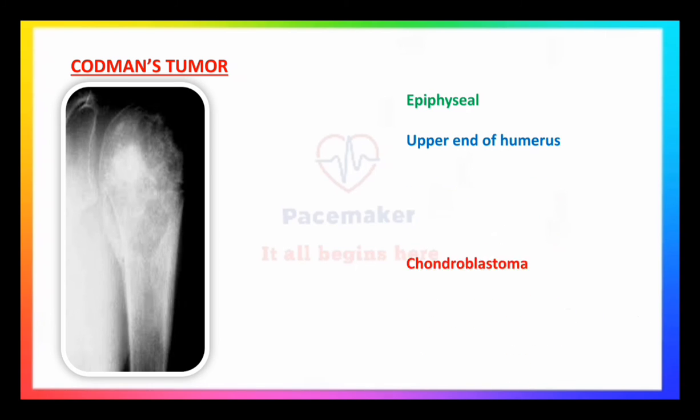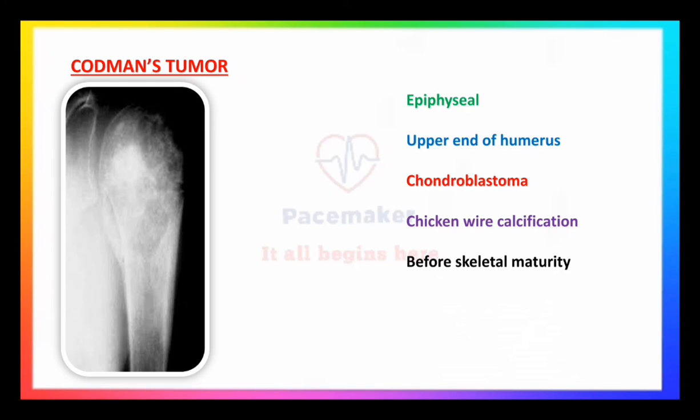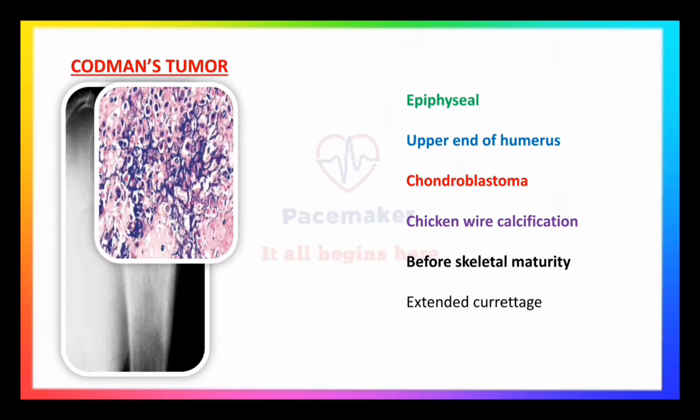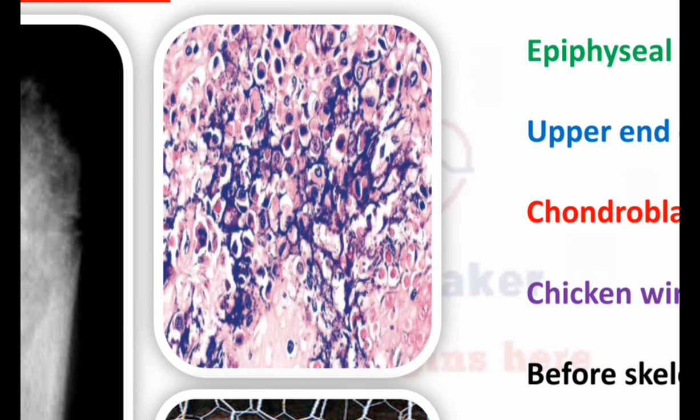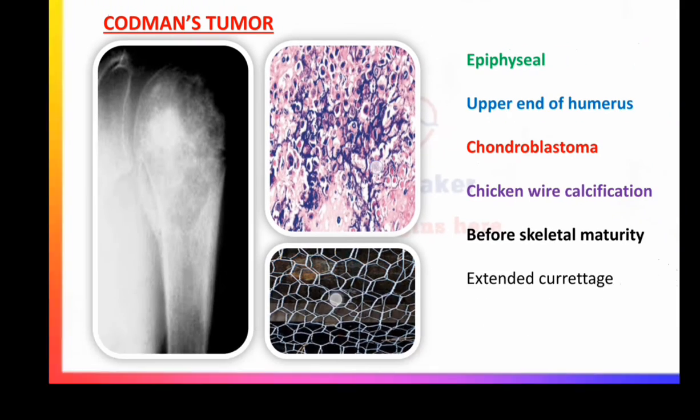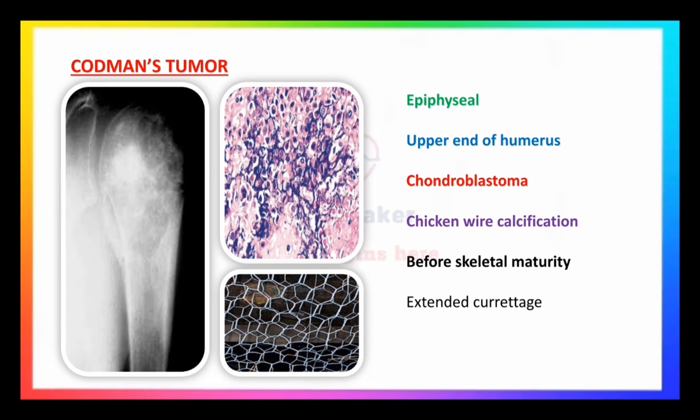This is also known as chondroblastoma, and on histology you can see chicken wire calcification, and it also presents before skeletal maturity, and treatment here is extended curettage. See, this is chicken wire calcification seen in chondroblastoma or Codman's tumor.